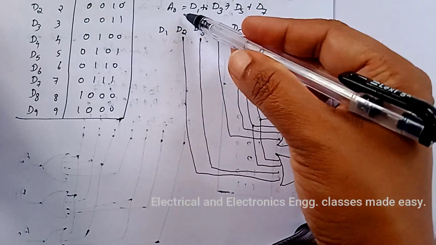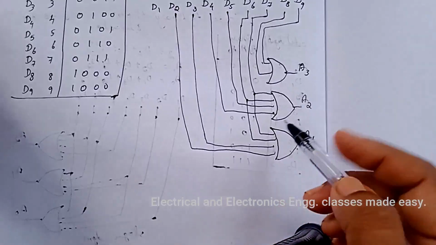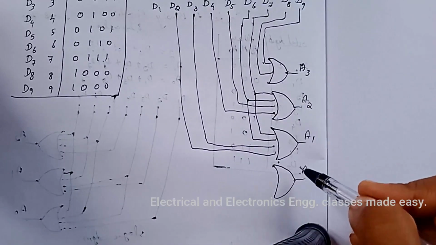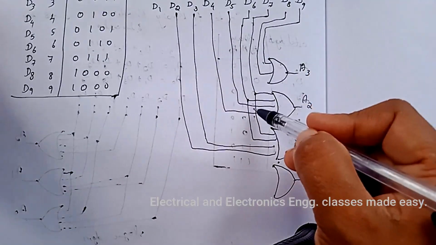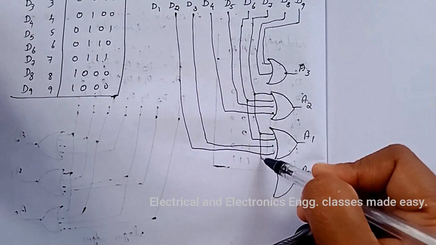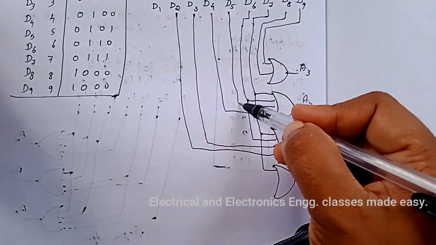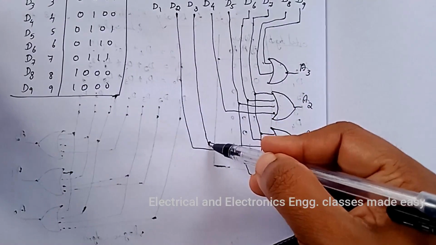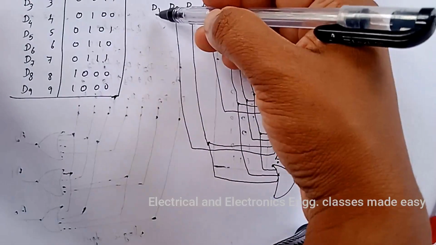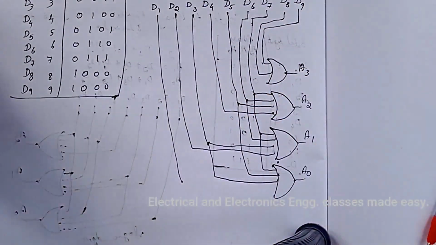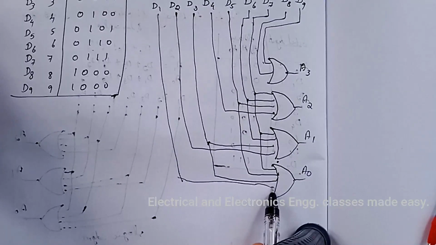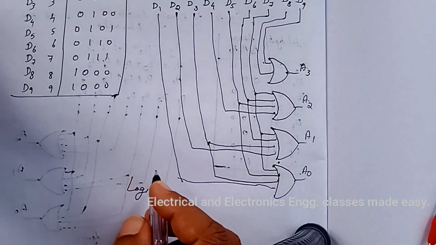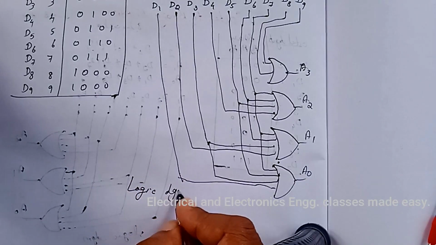Last one is A0. A0 is D7 plus D5 plus D3 plus D1. So this is the logic diagram for the decimal to BCD encoder.